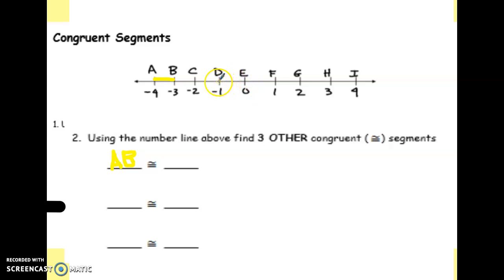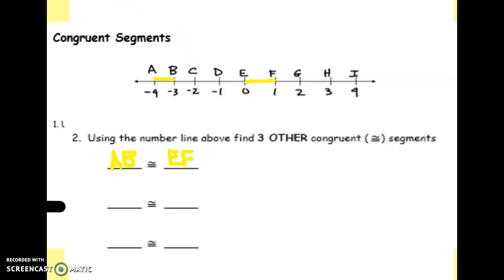We could choose DE. I could choose GF. You can go left to right. You can go right to left. I'm going to come here and I'm going to choose this one. And if I'm going to label it, again, I'm starting and stopping. You can go left to right. That's the most natural. Or you could go F to E. Either way, the distance would be 1. So you could write EF.